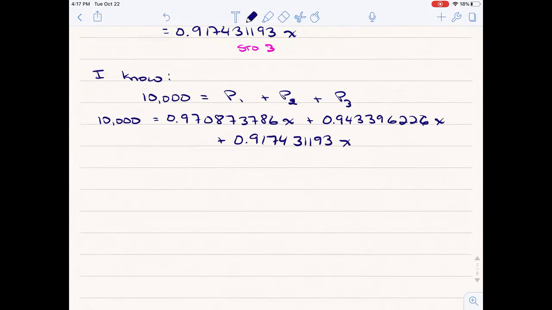Now these are just coefficients of x, right? So technically what I'm doing is I'm pulling out a common x, right? And I'm adding these all up together.